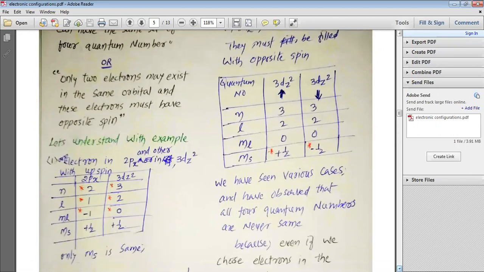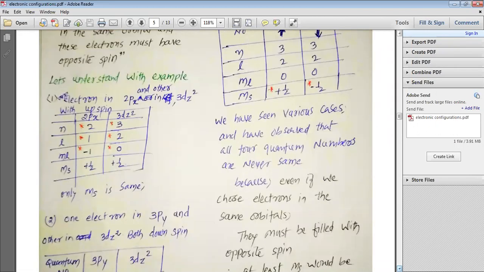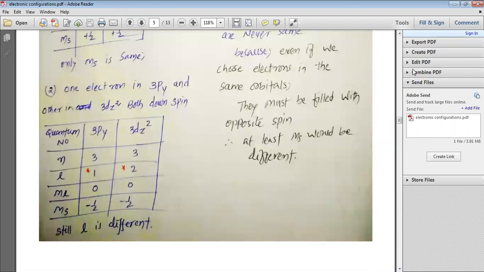We studied a few examples and understood that even if two electrons are filled into the same orbital, they may have the same principal quantum number, azimuthal quantum number, and magnetic quantum number. But as they are filled with opposite spin, their spin quantum number would not be the same, and that is how all four quantum numbers for any two electrons can never be the same.